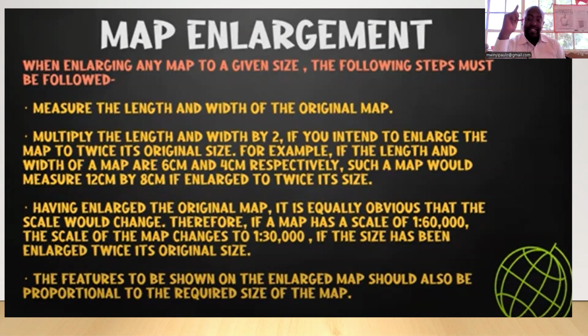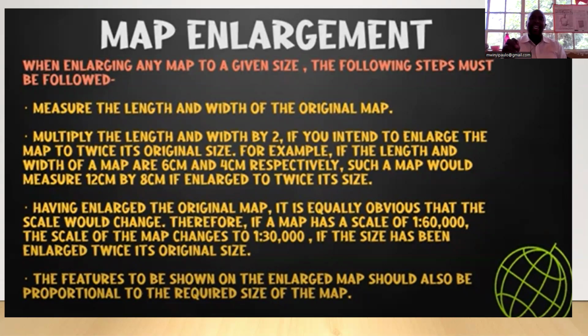The first thing you ought to do is measure the length and the width of the original map. After you've measured them, you're supposed to multiply the length and the width by 2, that is, if we intend to enlarge the map to twice its original size.